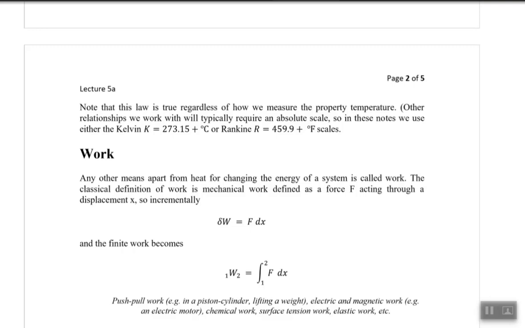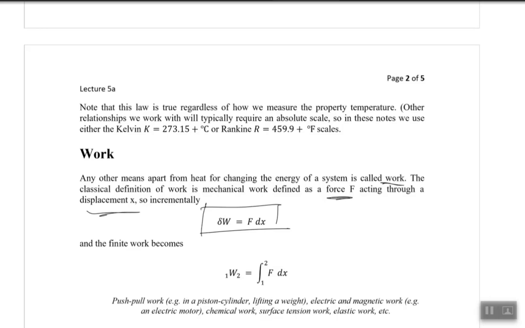Another means, apart from heat, for changing the energy of the system or changing the state of the system is called work. In a simple classical definition, mechanical work is defined by force times displacement. In other words, force into displacement is what we call work done.